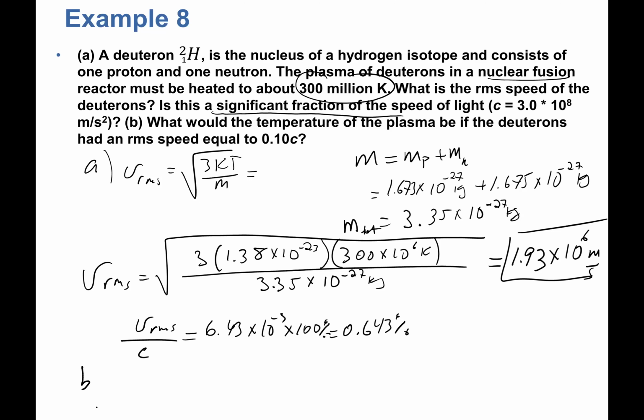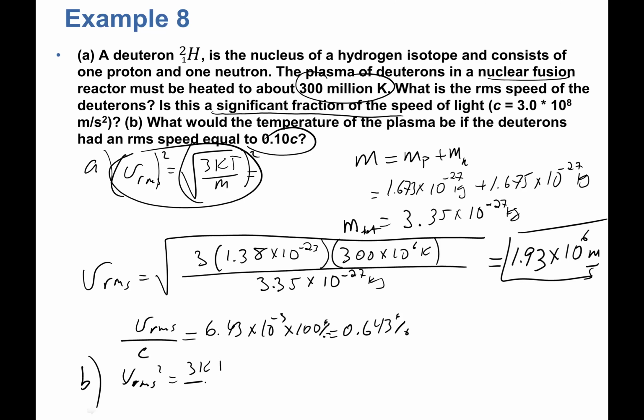All right, for part B, it says, what would the temperature of the plasma be if they have this speed? For this, I go back to this particular equation and rearrange it a little bit differently. If I square both sides, then I have VRMS squared equals 3kT over m, and rearrange to solve for the temperature.